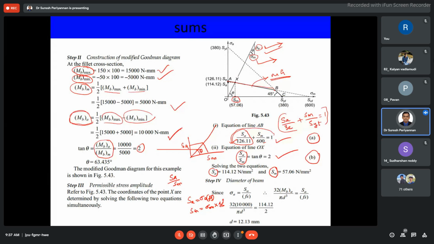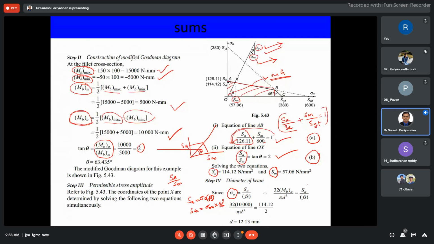Our sigma A and sigma M must be less than that, then only we are within this region. Now use the factor of safety to find out our sigma A, the actual stress the component is subjected to: SA divided by Fs.